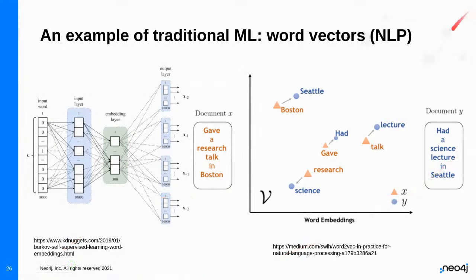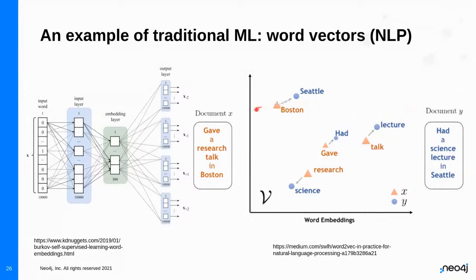Now, I have another document over here in blue, had a science lecture in Seattle. Now, when I have vectors, what I can do is project them in an n-dimensional space. Here we're showing a two-dimensional space, and try to determine things like word similarity that could represent distance between two vectors. It could represent the cosine similarity of them.